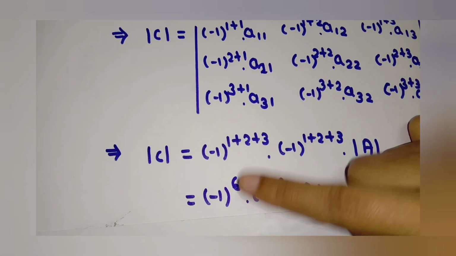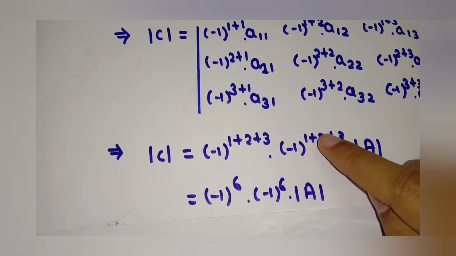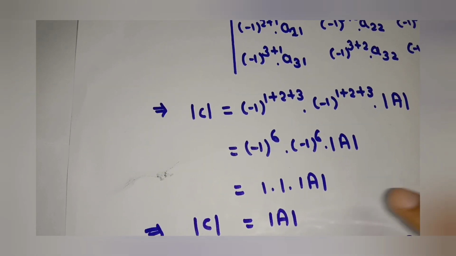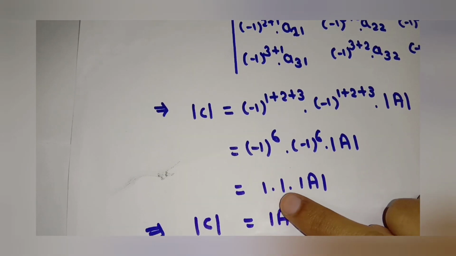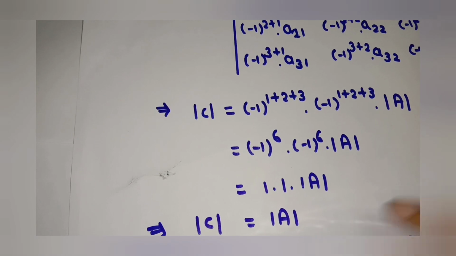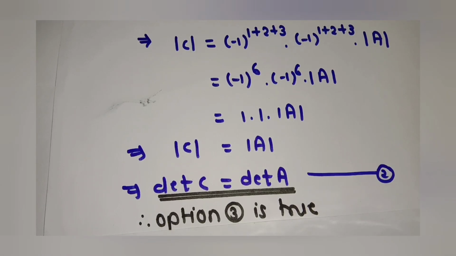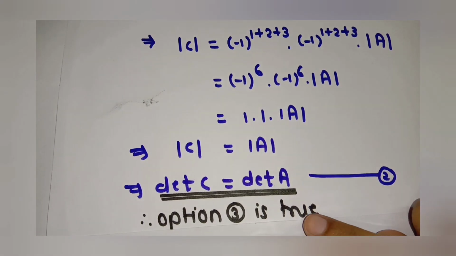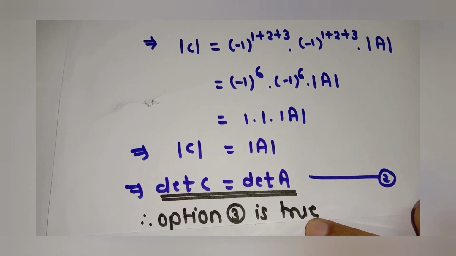Therefore, minus 1 raised to 6 into minus 1 raised to 6 into determinant A. That implies 1 into 1 into determinant A. That implies determinant C is equal to determinant A. As determinant C is equal to determinant A, option 3 is true.